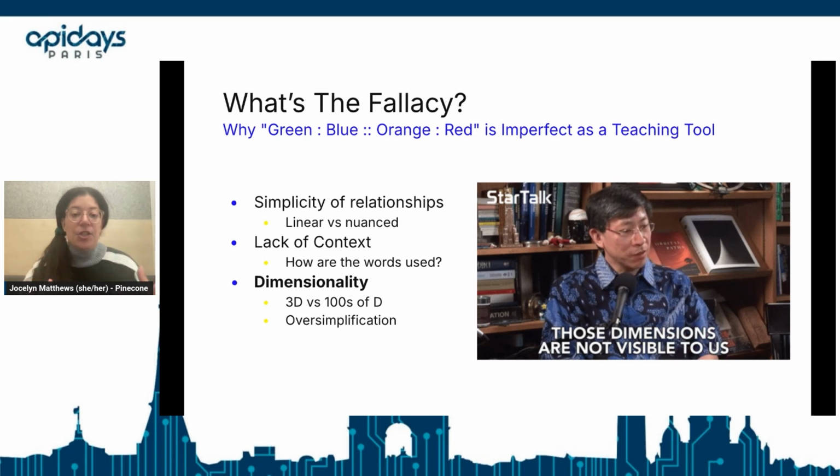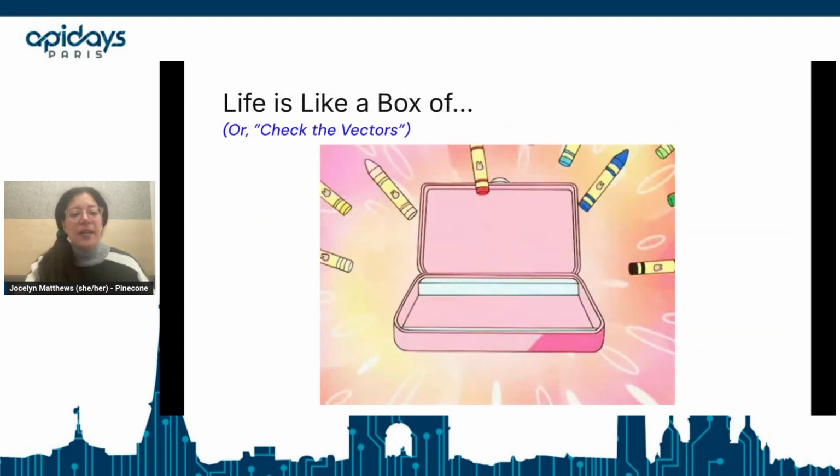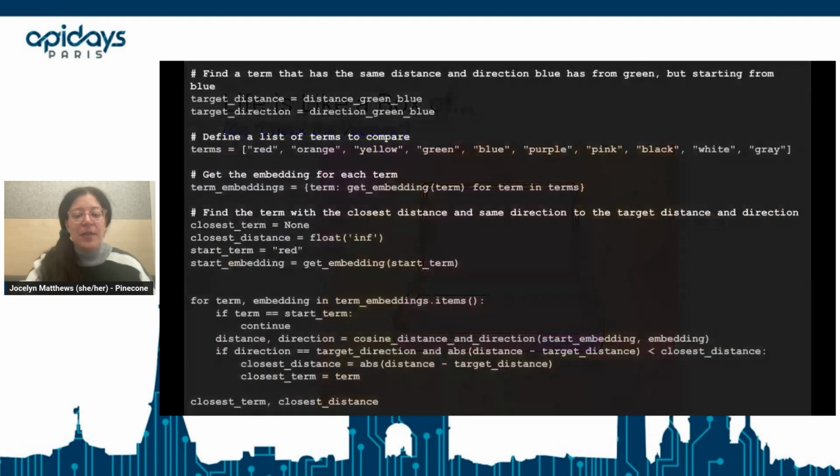And when I say high dimensional, I mean up in hundreds of dimensions. And that's what allows embeddings to capture the intricate relationships and the subtle differences between words. And so the color analogy just really oversimplifies this aspect. And for these reasons, it's just falling down. It's not conveying the richness. And we're going to keep moving.